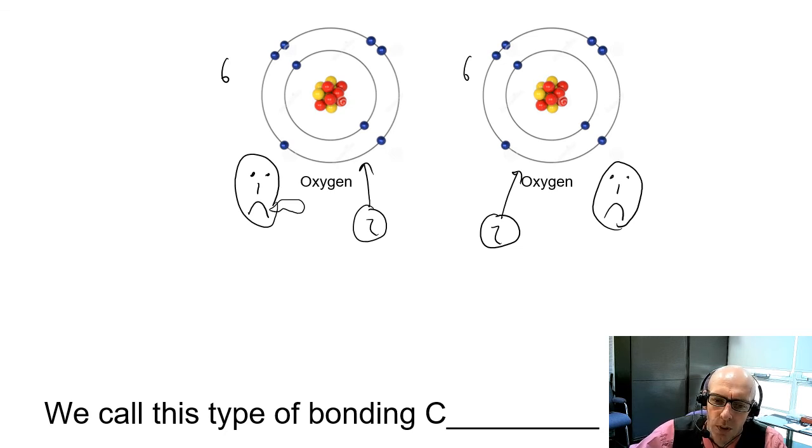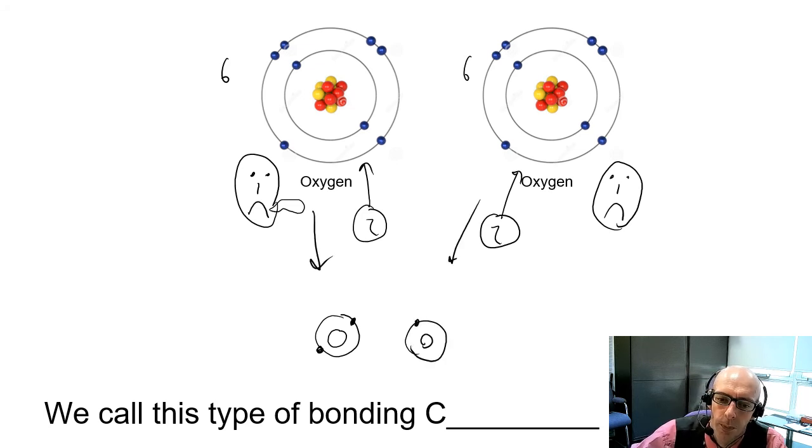And what actually happens is, here is an oxygen with 2 in its first shell, and here is an oxygen with 2 in its first shell. This one and this one overlap their shells, just as we've done in the last 2 examples.